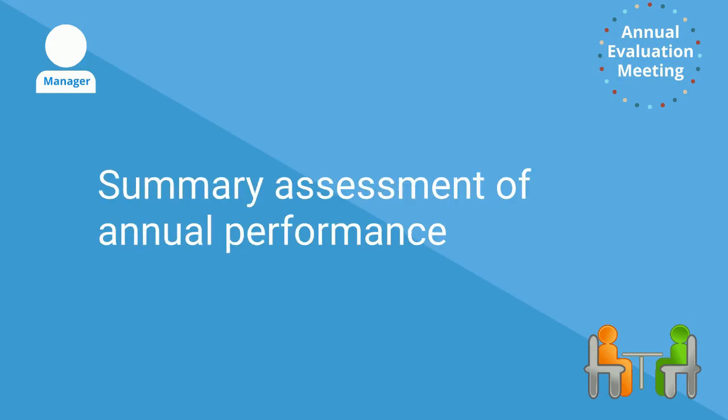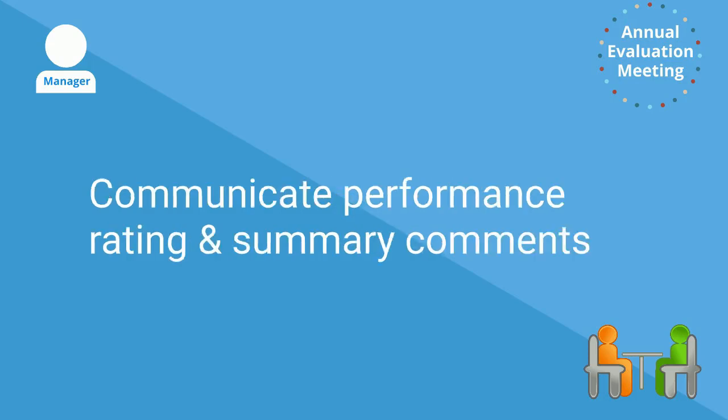The manager provides a summary assessment of the employee's performance throughout the year and communicates the performance rating and summary comments, providing evidence to support the rating. It's important that evaluations are fair and objective. The rating should not be a surprise to the employee if regular discussions were held throughout the year.